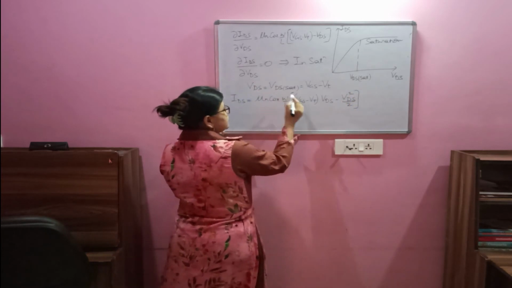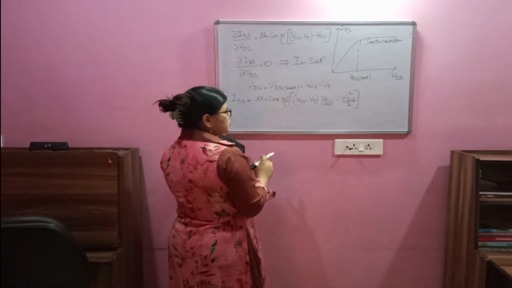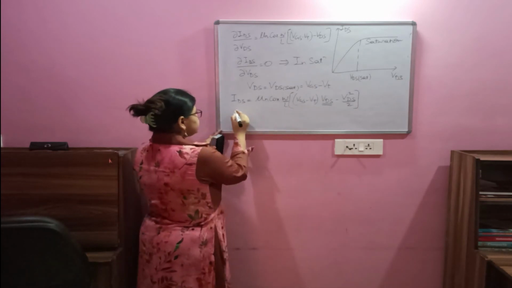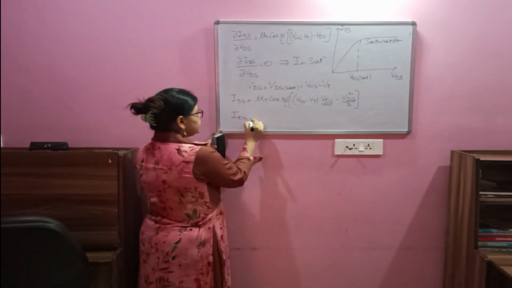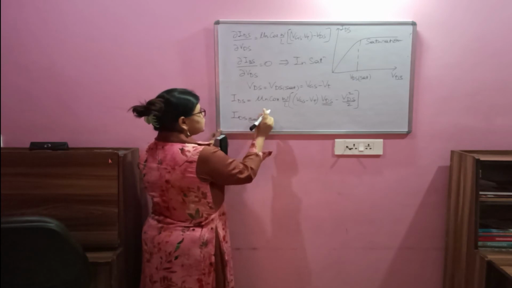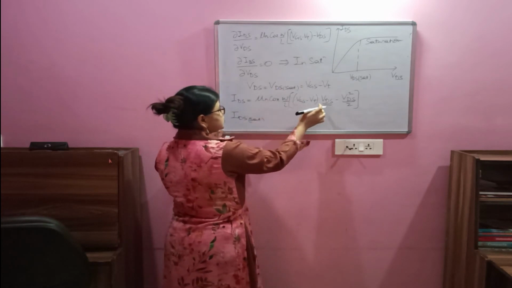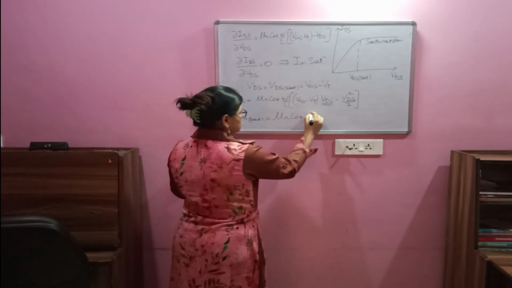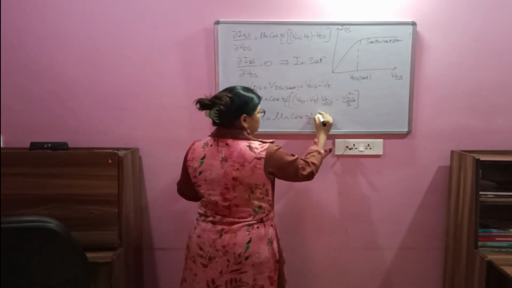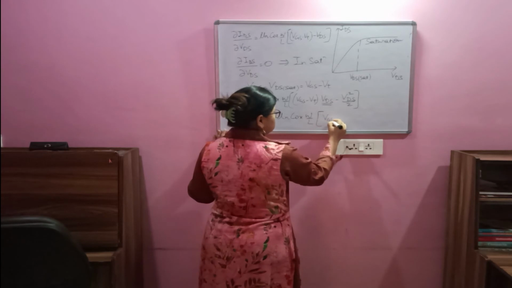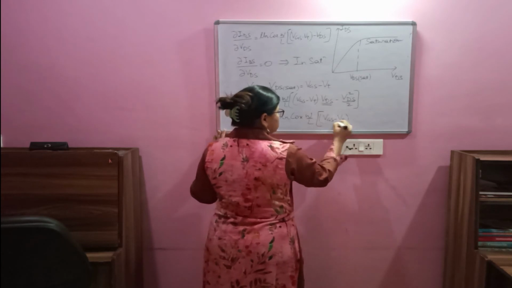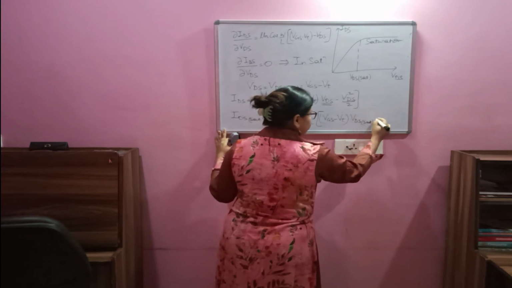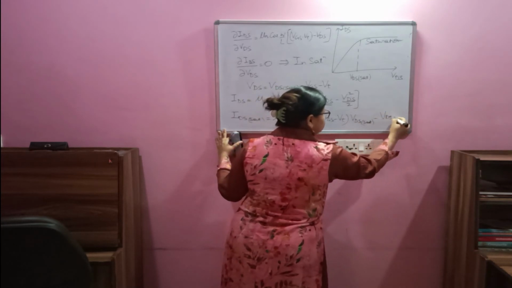Now when I place VDS equals VGS minus VT, this equation will be written for saturation, because this is the value of VDS saturation.